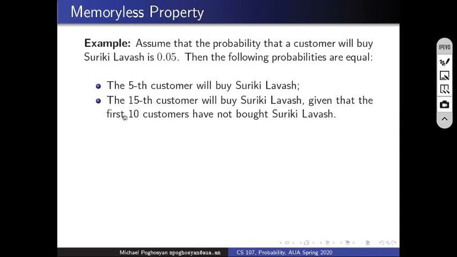So those 10 customers that have not bought suriki lavash are not so important. We are starting again, and having this and having that is the same. This is the memoryless property for a geometric random variable.